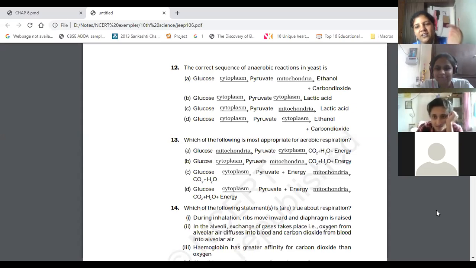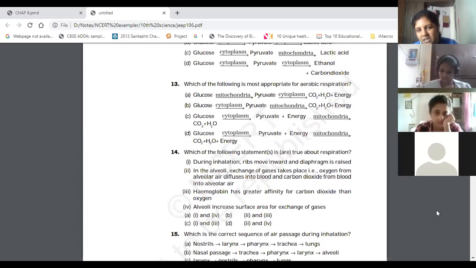Instead of thinking why this is right, you have to think why this is wrong in MCQs. If you are telling C, then you have to tell why D is wrong. Because C and D are both similar, something is different, no? So D is not wrong. C is wrong because energy is not there.